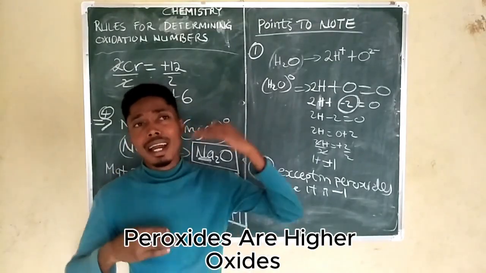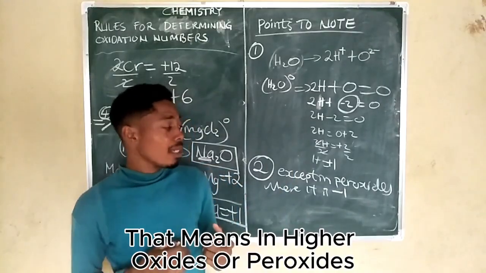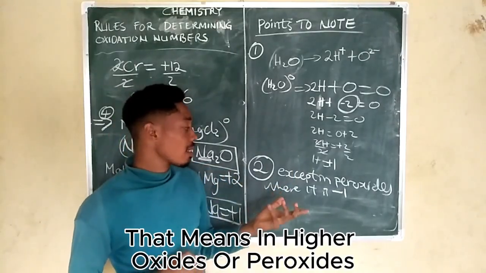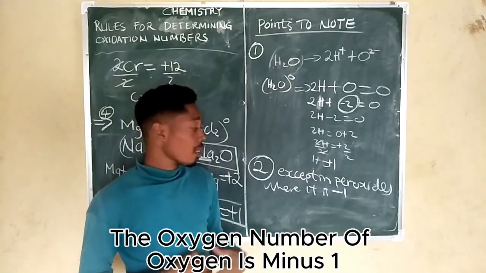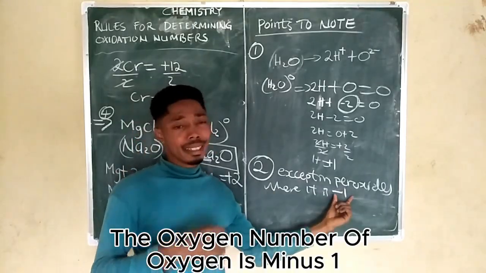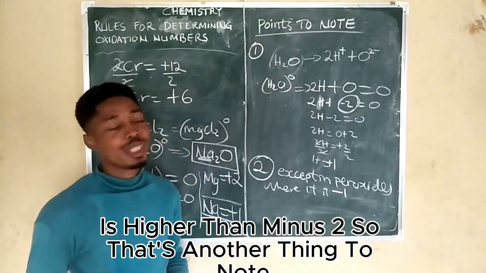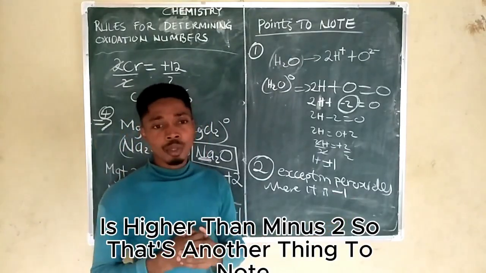Peroxides are higher oxides. That means in higher oxides or peroxides, the oxidation number of oxygen is -1, which is higher than -2. So that's another thing to note.